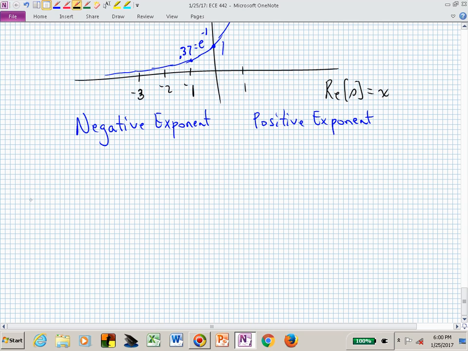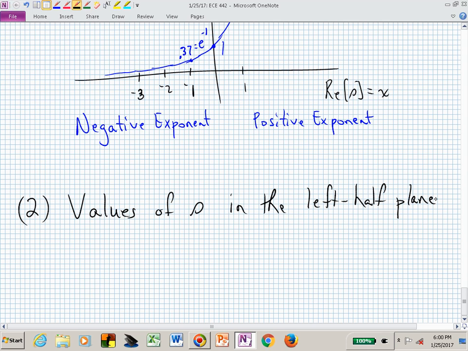That's one observation. A second observation is that values of S, which is from this diagram actually, in the left half S plane, I have too many planes here to keep track of, in the left half S plane, map to values of the complex variable z, where?